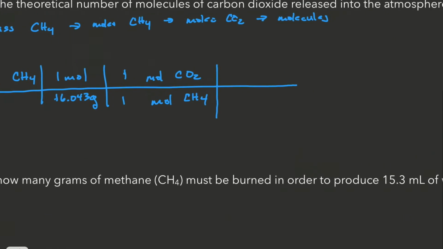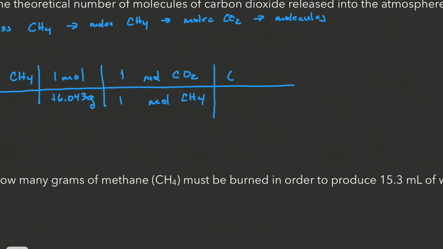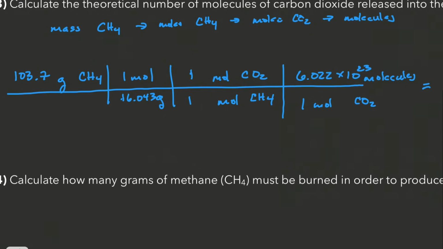The next step is then molecules. I know that there are Avogadro amounts, 6.022 times 10 to the 23rd molecules in 1 mole of CO2. And that's it. I just need to do some math here to finish out my train track.